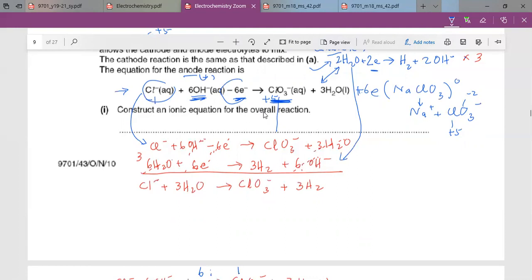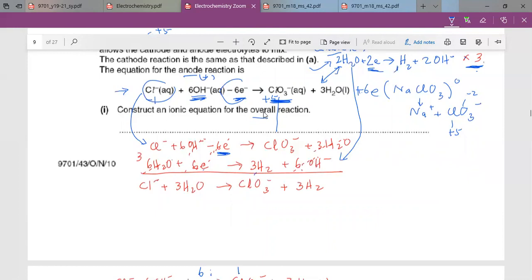So 2H2O. Now, because I want to make the electrons the same, overall electron, 6 electrons here, here 2, I times by 3. So times 3, I get 6 moles of water. 2 times 3 gives you 6 electrons. 2 times 1 gives you 3 moles of hydrogen.